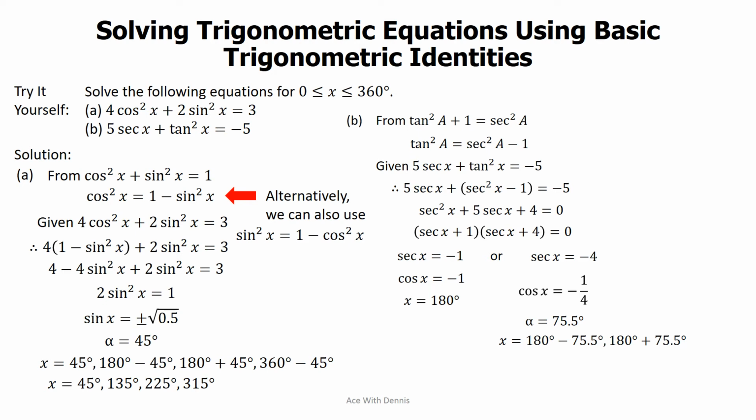Hence, x equals 180 degrees minus 75.5 degrees and 180 degrees plus 75.5 degrees. The answer is x equals 104.5 degrees and 255.5 degrees. We put everything together. The answer for x equals 104.5 degrees, 180 degrees, and 255.5 degrees.